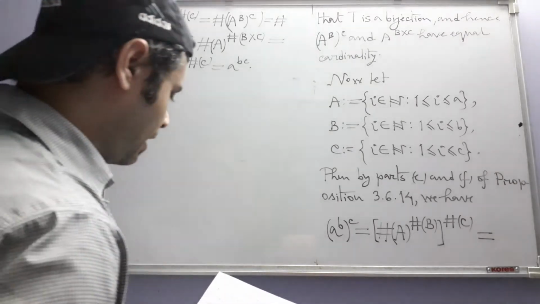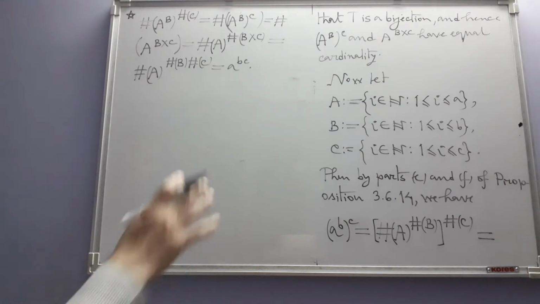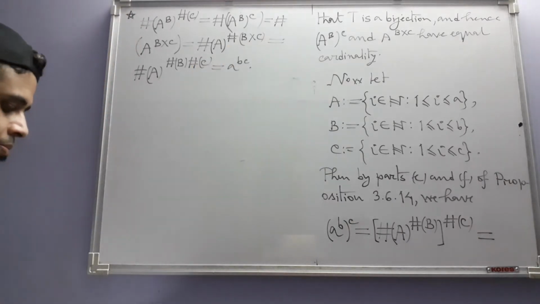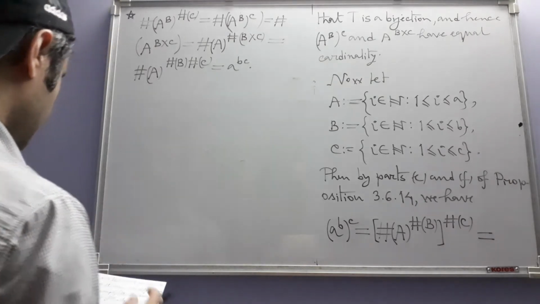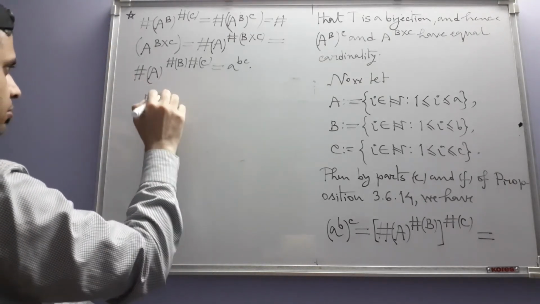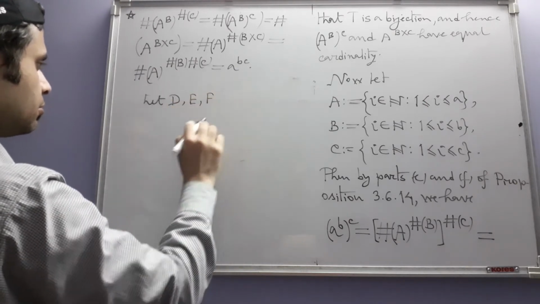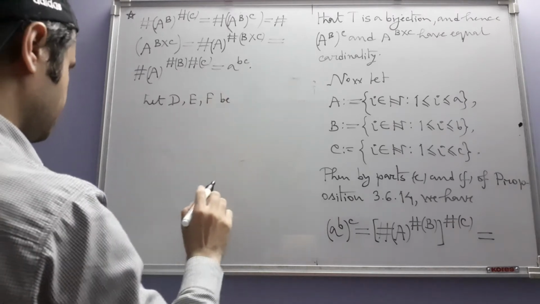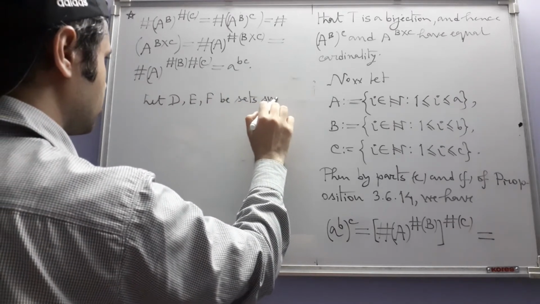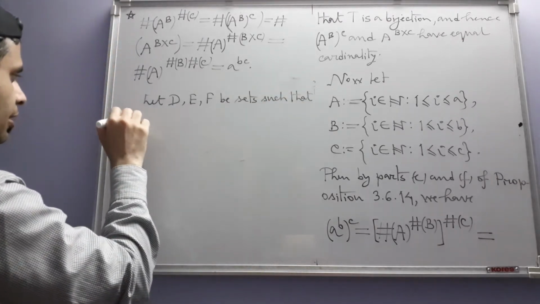To prove the other one, we are going to show, just like this one, that two sets have the same cardinality, and it goes like this. Let D, E, F be sets such that E and F are disjoint.